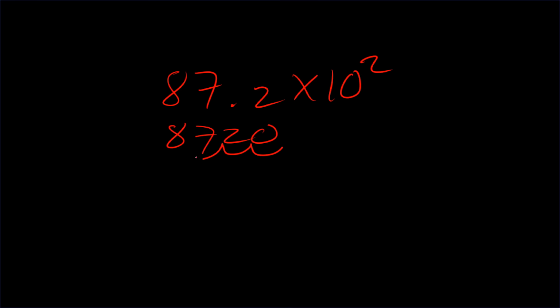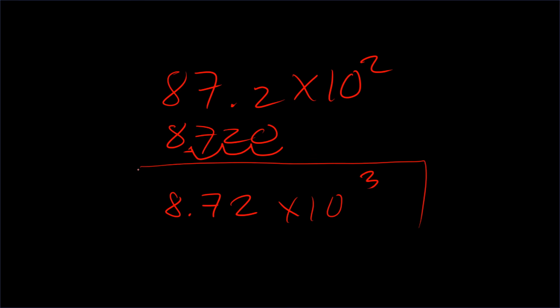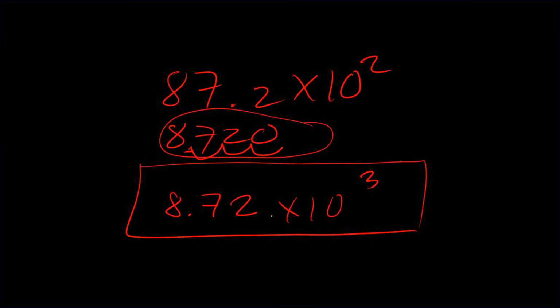So 1, 2, 3. So ito dapat yung pagkakasulat niya, 8.72 times 10 raised to 3. So ito yung correct scientific notation nitong number na to. So dapat ganito yung pagkakasulat niya.